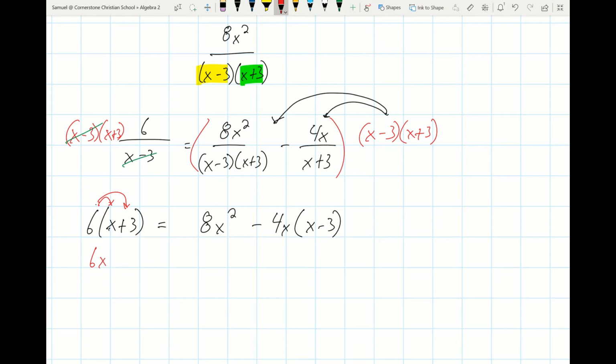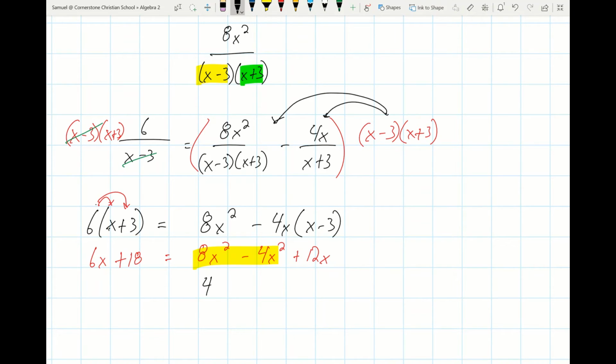So 6x plus 18 equals 8x squared minus 4x squared plus 12x. Let's move everything to the right side. Before I do that, actually, I want to combine these two like terms.